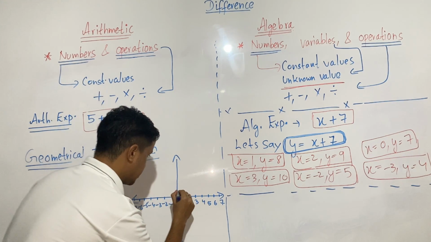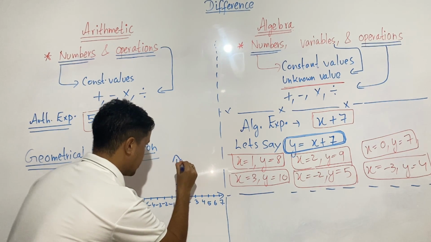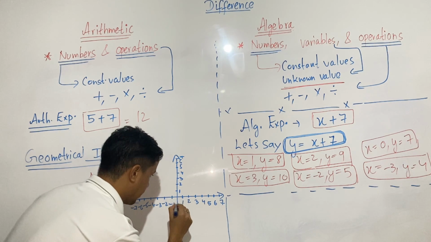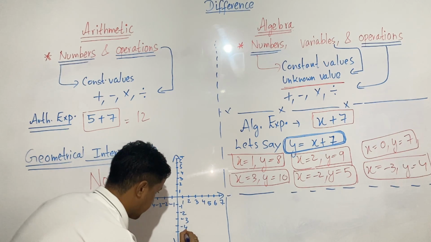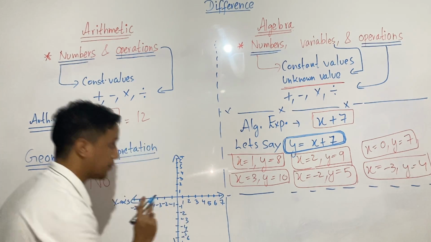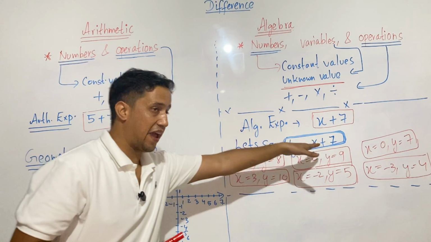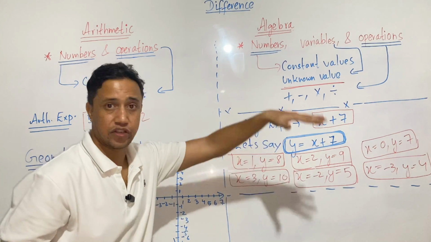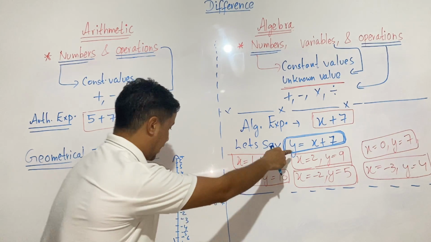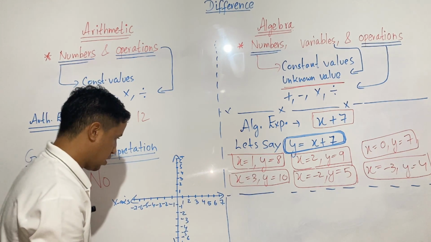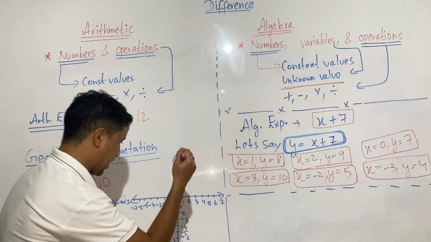Same for the y-axis: positive 1, 2, 3, 4, 5, 6, 7, and minus 1, minus 2, minus 3, minus 4, minus 5, minus 6, minus 7. Let's see for different values of x how y is going to behave. If we put x as 1, the value of y is 8.